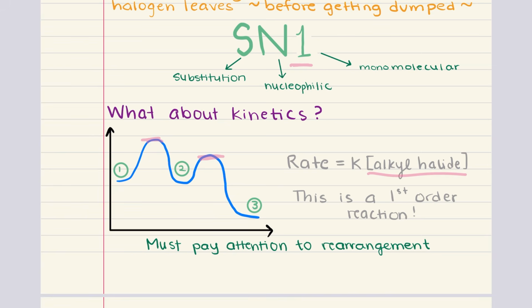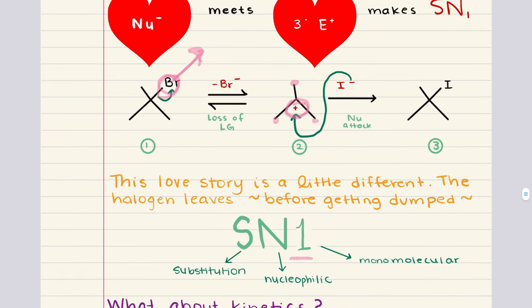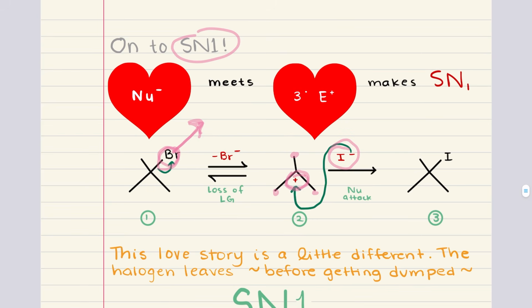Because of these distinct steps, the energy diagram for SN1 features 2 transition states, unlike the single transition state that we saw with SN2.